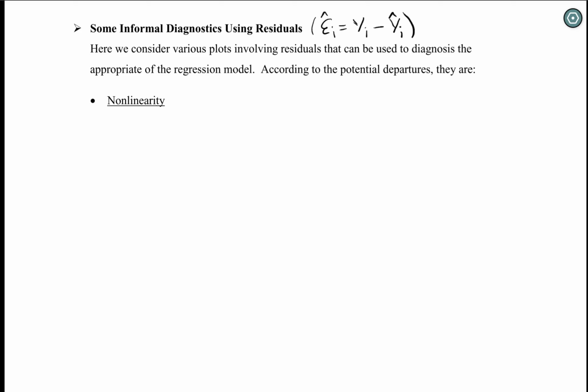Now, the first assumption with our simple linear regression model is that x and y are linearly related. Well, one way to check for a departure from linearity is to look at the scatter plot. Okay, the scatter plot, we know what that is.